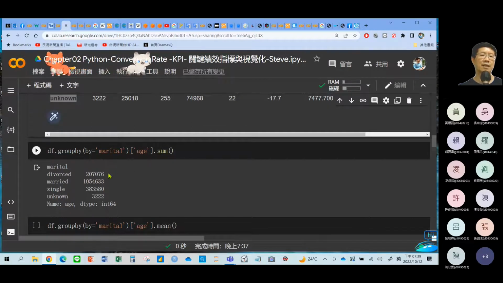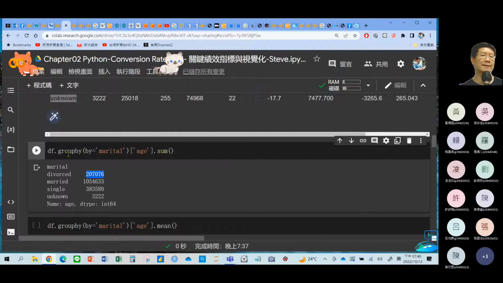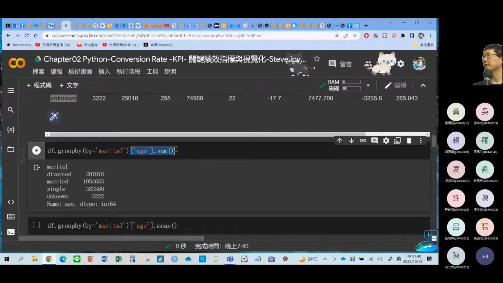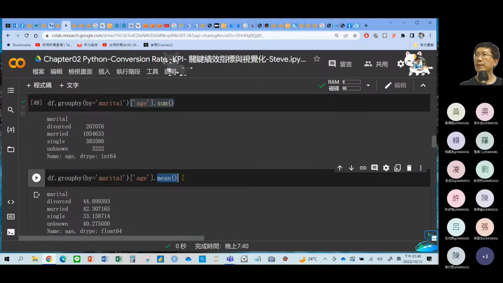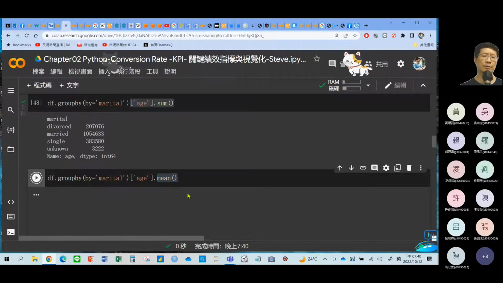Sum 把这个离婚的年纪加总起来。Okay, so we group by marital status, and I would like to sum up all the ages, but it doesn't mean anything. 我们把年纪加总起来有没有意义？OK， 对不对？没有意义嘛。But with age, we would like to use the average. Okay, the average for the marital.